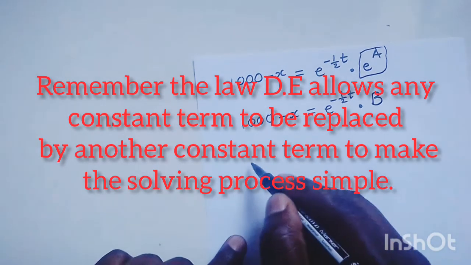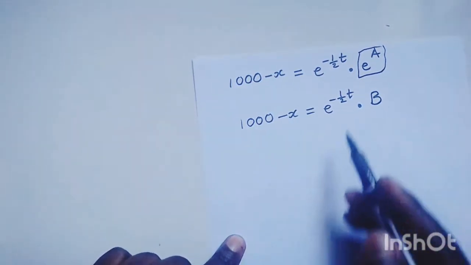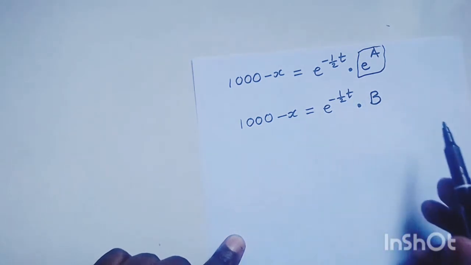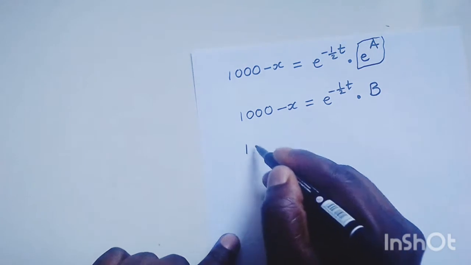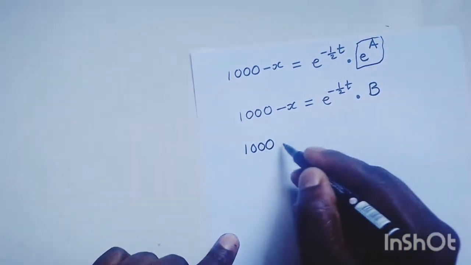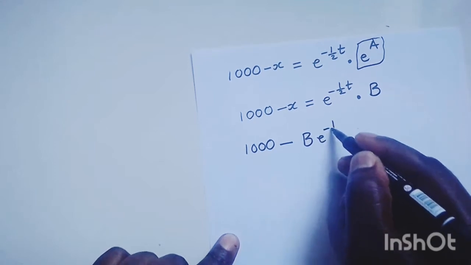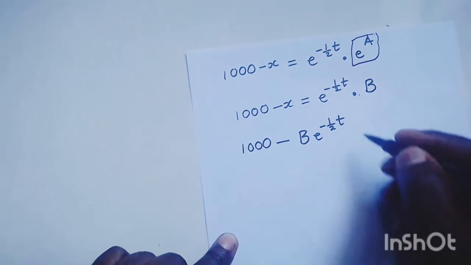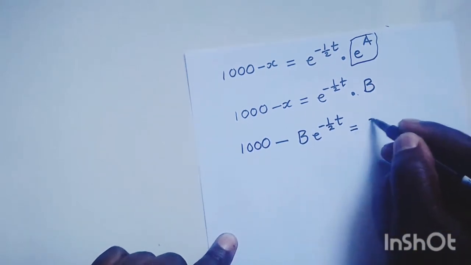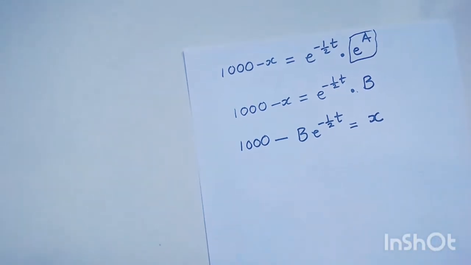So I'm going to move minus x to my right side, then the product of e to the power of minus half t and b to our left side. So we now have 1000 minus b e to the power of minus half t on our left side, then minus x to the right side, you get plus x, like this.